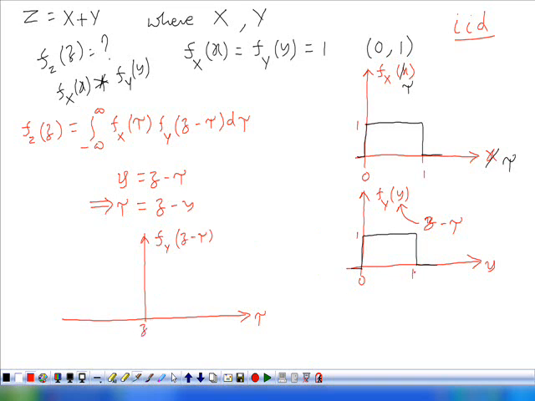When y is equivalent to 1, tau is z minus 1, so z minus 1 is somewhere here. When y is equivalent to minus 1, for example, this tau is equivalent to z plus 1.